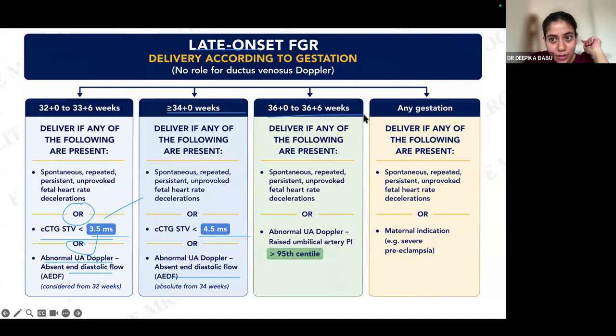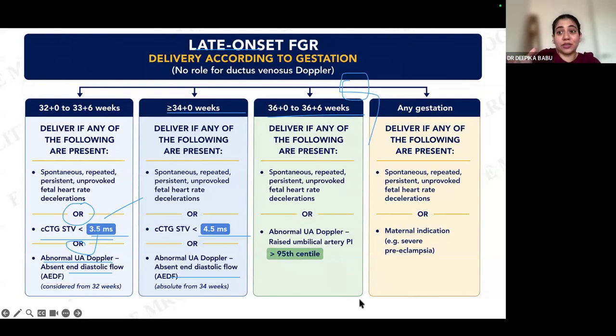36 to 36 plus 6 weeks, this is one more recall. The patient was 36 weeks and she came with an abnormal umbilical artery Doppler of 95th centile. She was asking when she can go and deliver. You tell her that we do the computerized CTG today, and if the computerized CTG is normal, then we call you back for twice weekly computerized CTG.